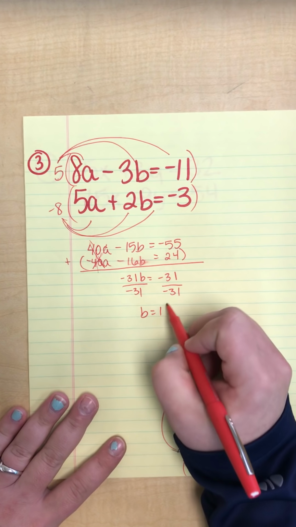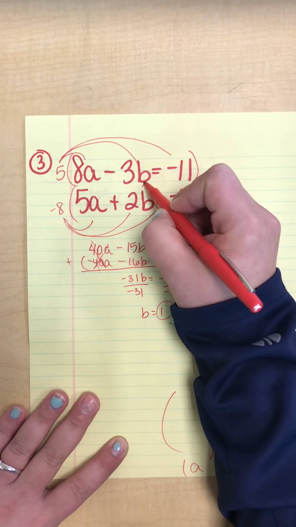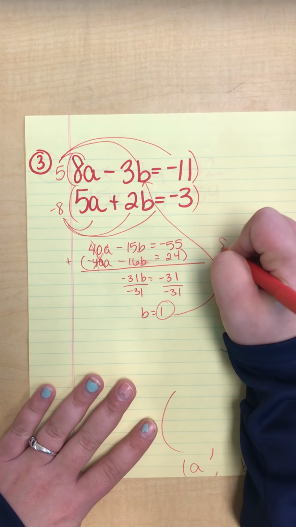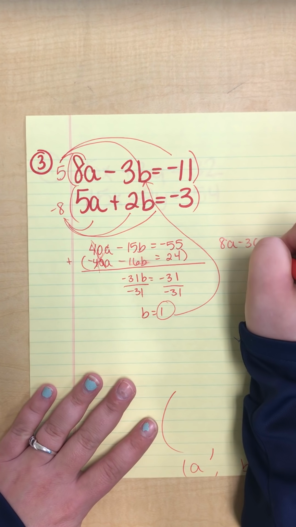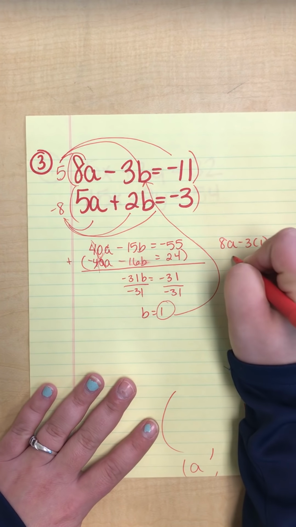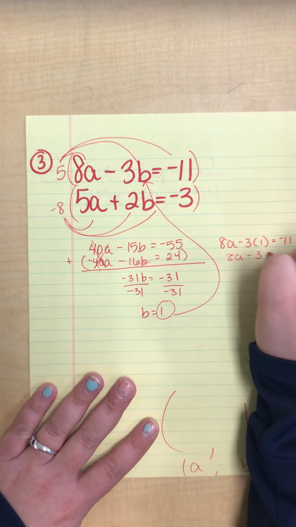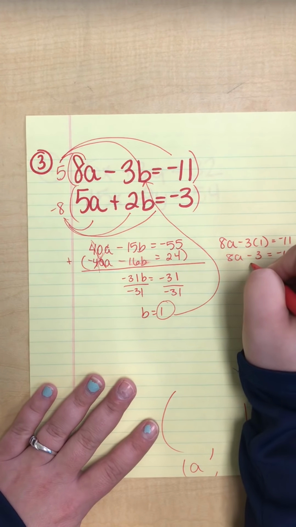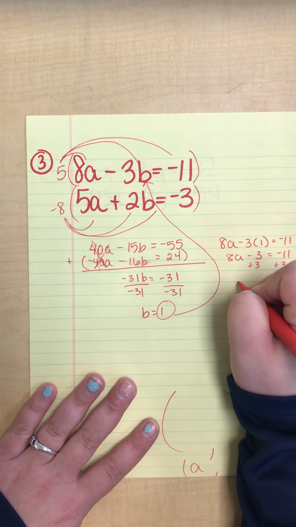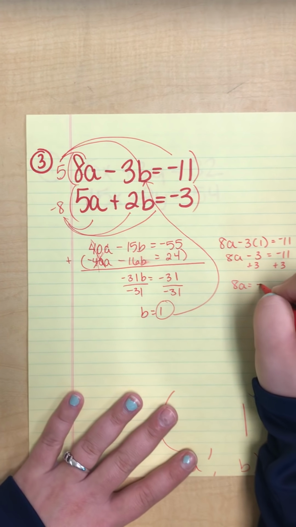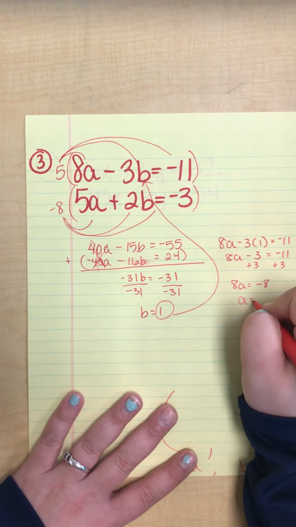All right, so I'm going to take b and plug it back in then, right here, and I'm going to solve for a. So I have 8a minus 3 times 1 equals negative 11. Minus 3 equals negative 11. Add the 3 on both sides. So negative 8, so a is negative 1.